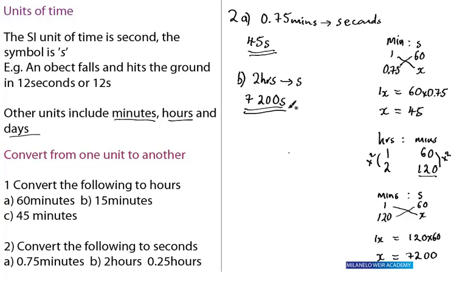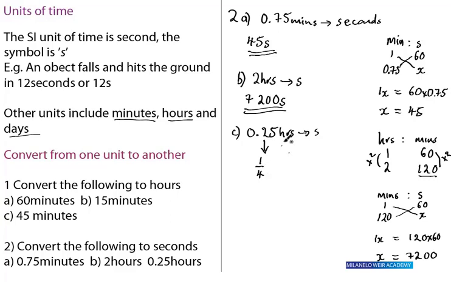Now let's look at the last question, which is C. We are to find 0.25 hours in seconds. 0.25 is 1/4.